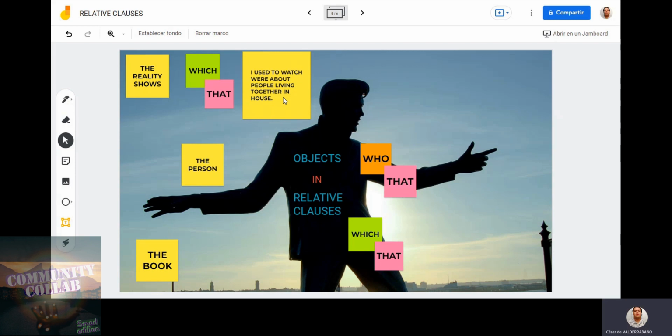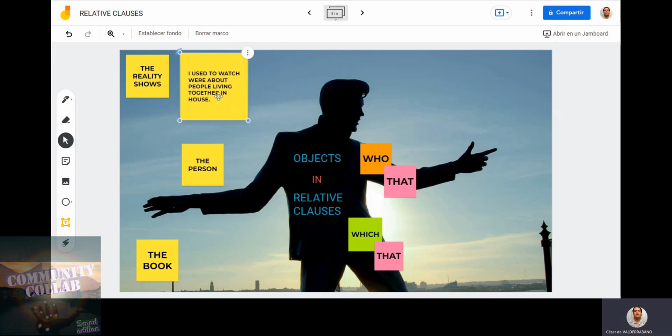So why is it important to study these objects in relative clauses? Well, the main reason is that we have the possibility to omit the clause. Look at this, I can drop it off like that, and we can understand the sentence.